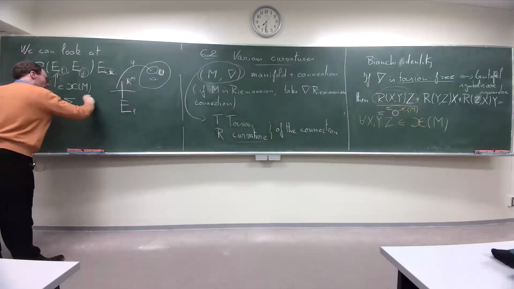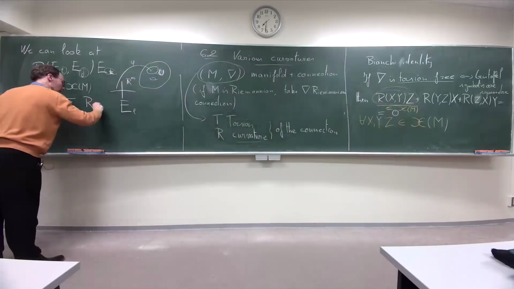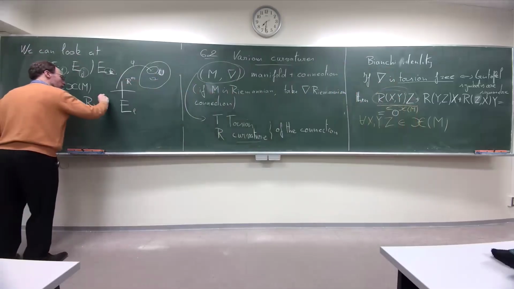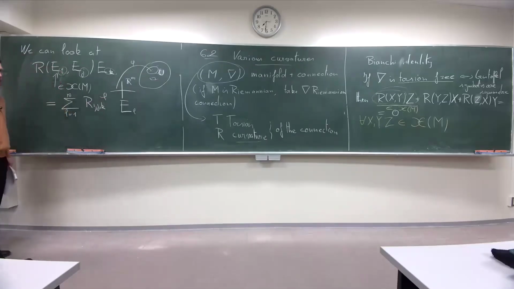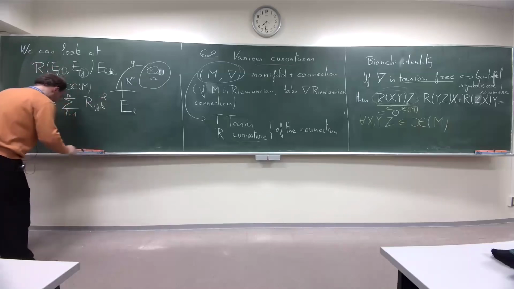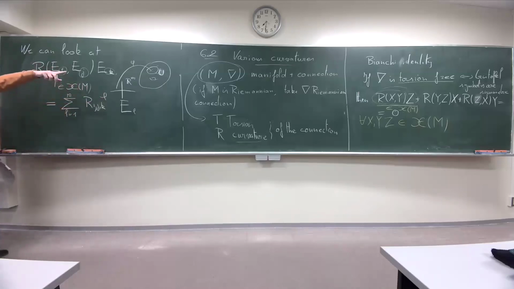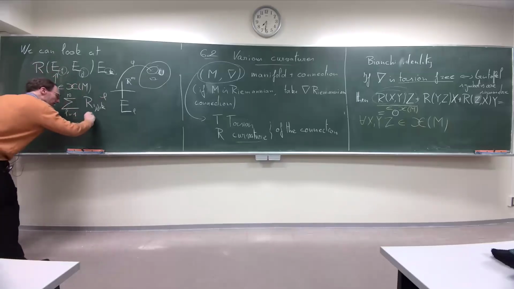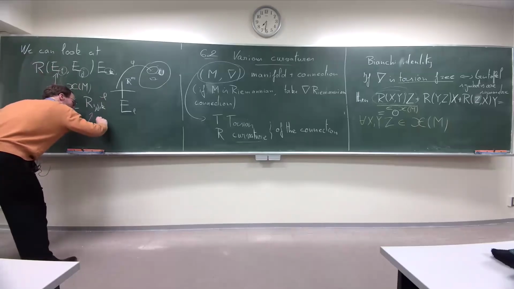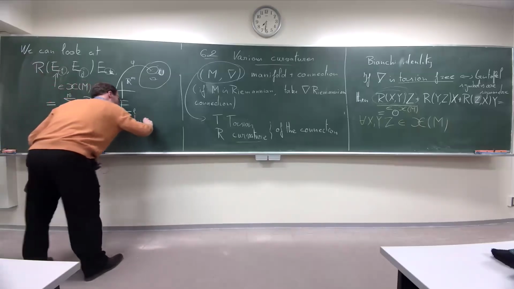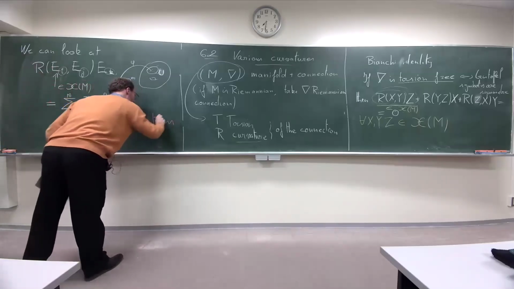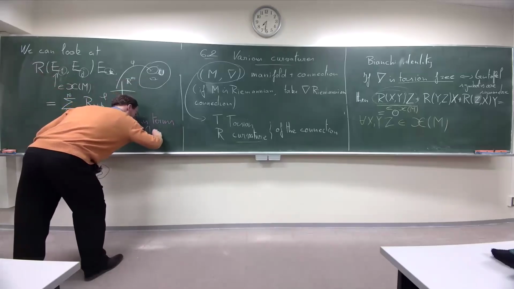So these are coefficients R_{IJK}^L, and I sum over L from 1 up to m. You can always do this simply because this is a vector field, so you can decompose it on this basis. And the exercise is that this can be expressed in terms of the Christoffel symbols.